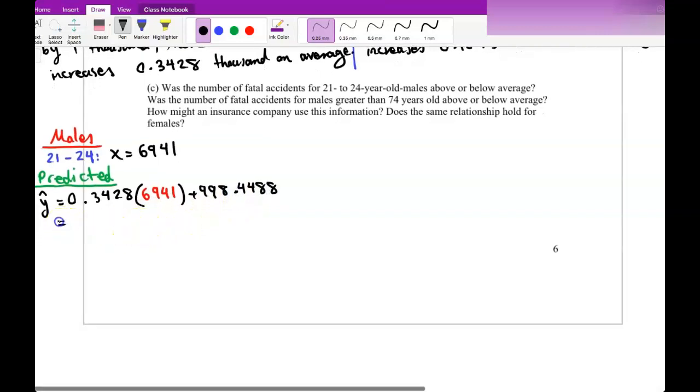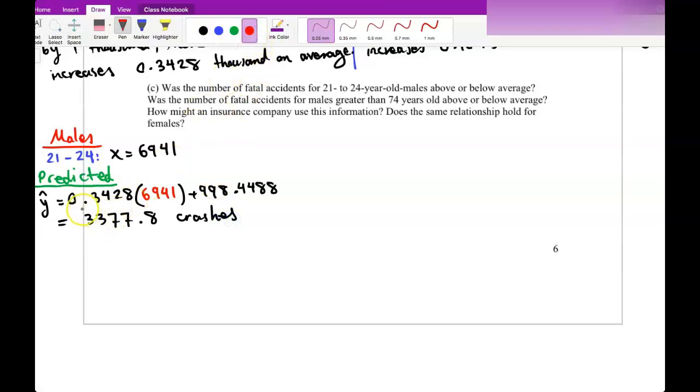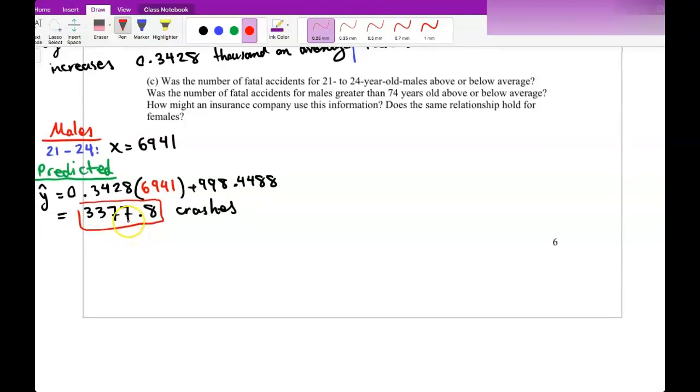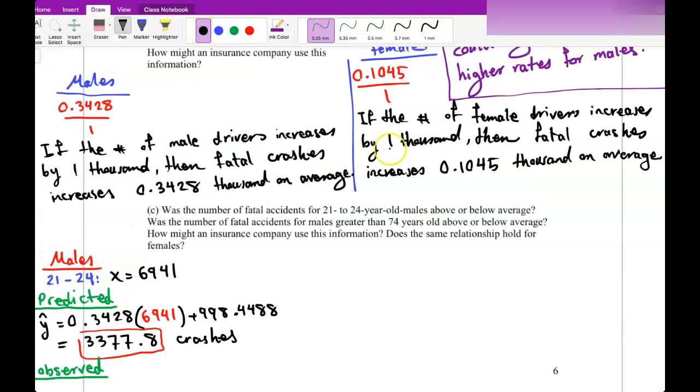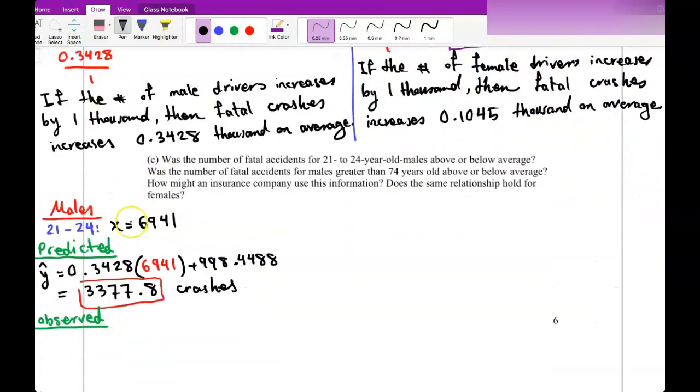So y hat is equal to this number, and we already know that observed is 5016.